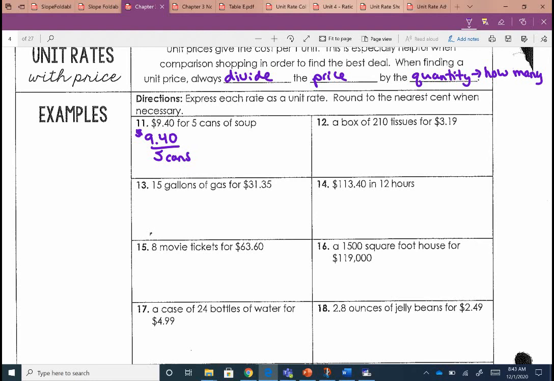So if I round this, we end up, actually I think this one works out. $9.40 divided by 5 cans, yep. This is $1.88 per can.